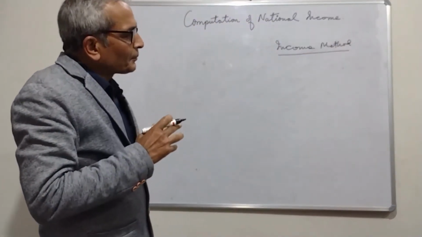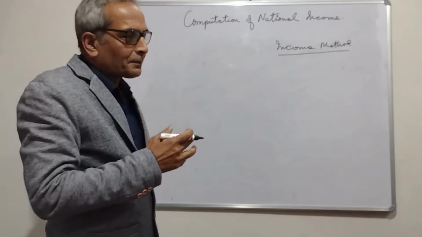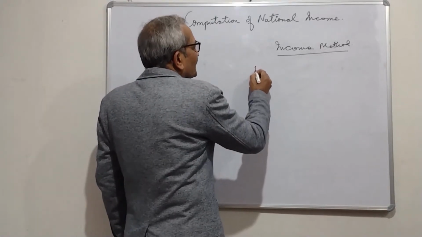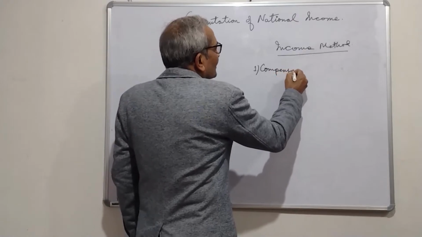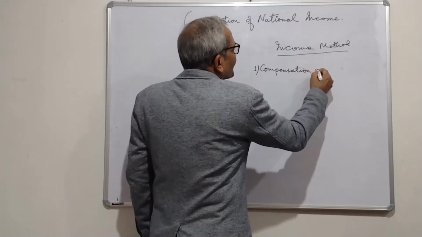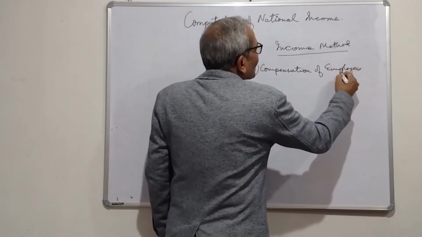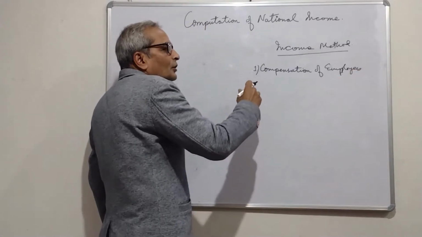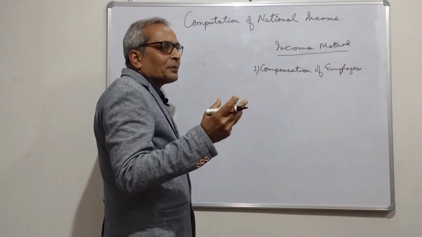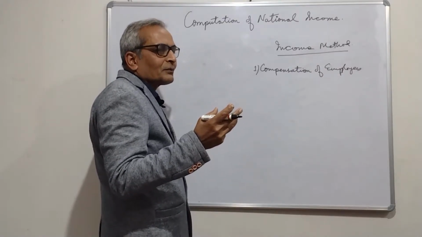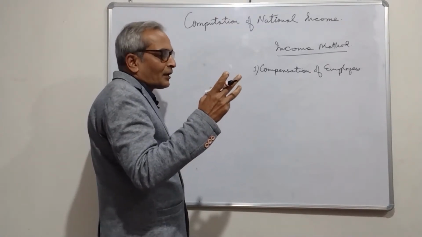So in the income method, let us see what the components, the main parts of this method, are. The first one is compensation of employees. You must have heard of compensation package, which people get when they pass out from higher institutes of learning like IIT, IIMs and all that.